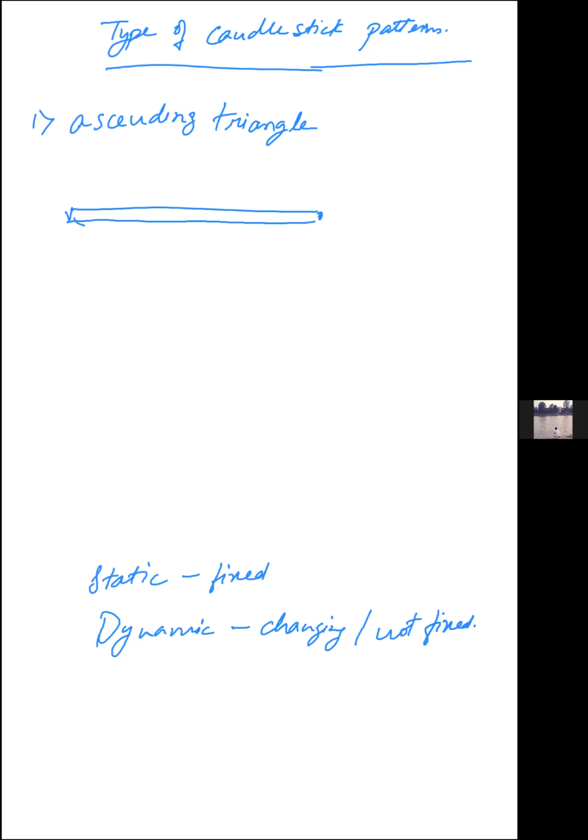So ascending triangle looks somewhat like this. Price will behave somewhat like this in an ascending triangle.